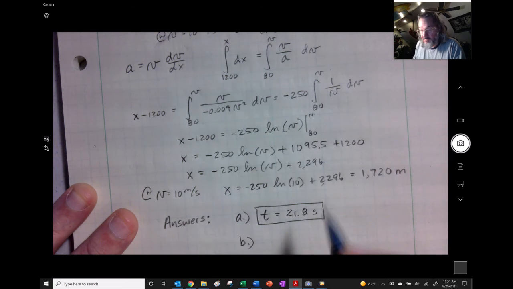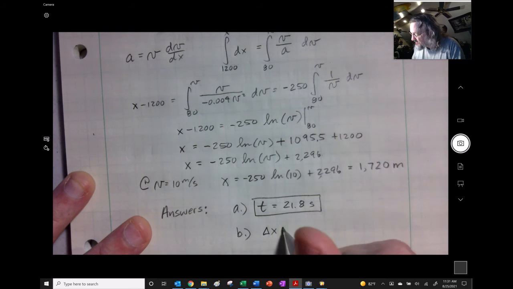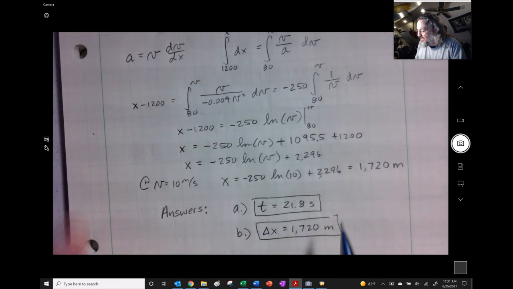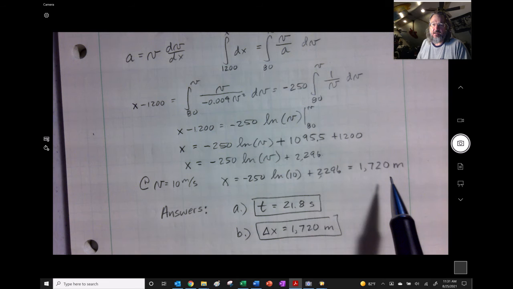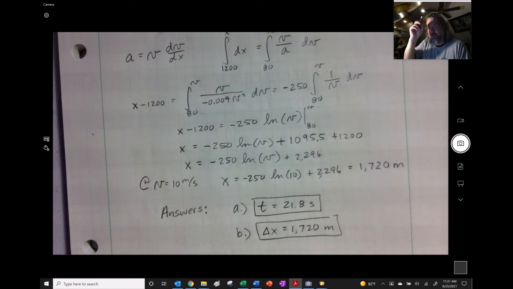B, I guess, say delta X is equal to 1,720 meters. And I said, well, how do we know that there's not an inflection point? Well, it's really just a natural log thing, so it's not going to have a peak and turn around. It's really going to kind of die out.